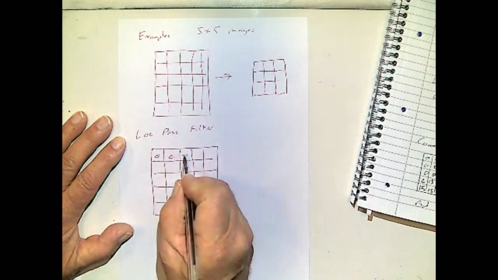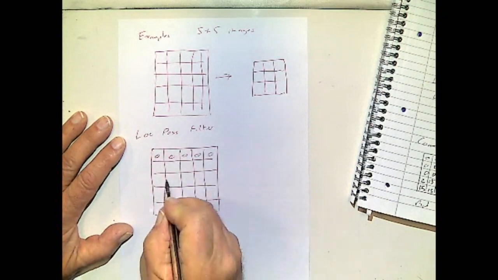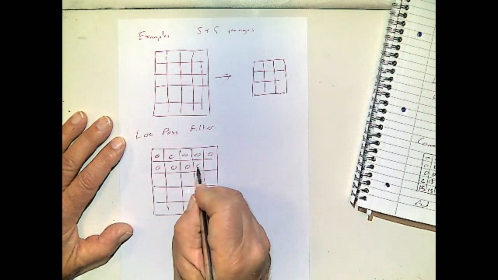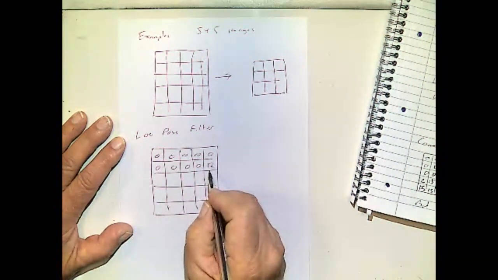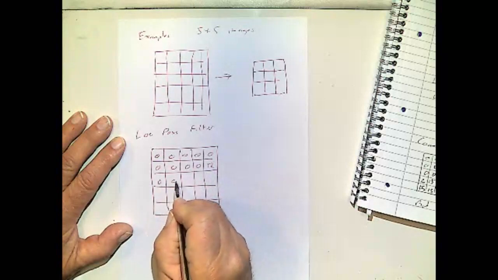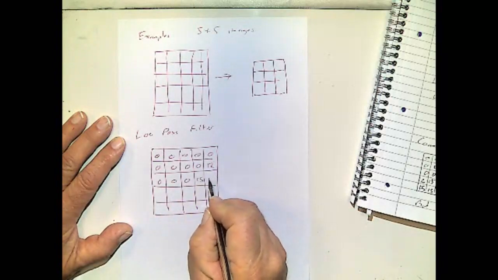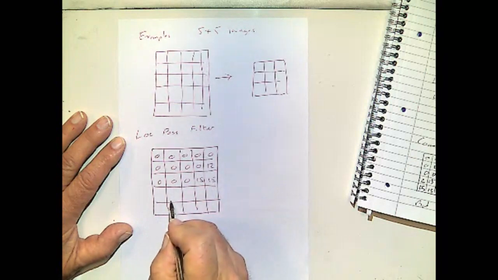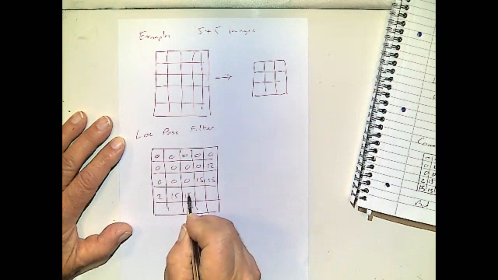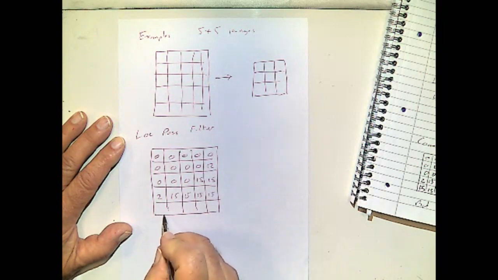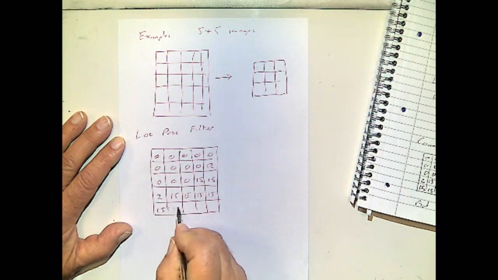All black on the top row. Again, you can make your own examples. You don't have to copy this one down exactly. 12, 0, 0, 0, 15, 15, 2, 15, 15, 15, 15, and the bottom is going to be all 15s.